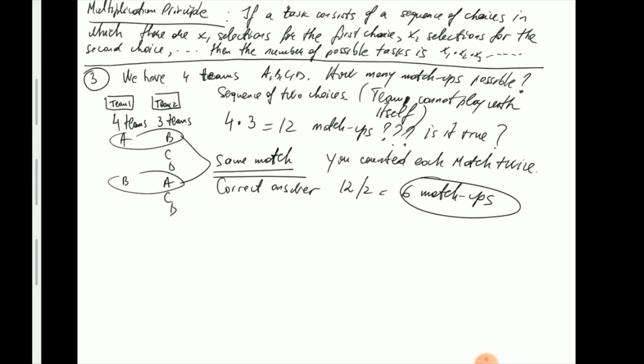Because the multiplication principle takes the order separately, we need to divide by 2 so that we eliminate the duplicates, so to speak.